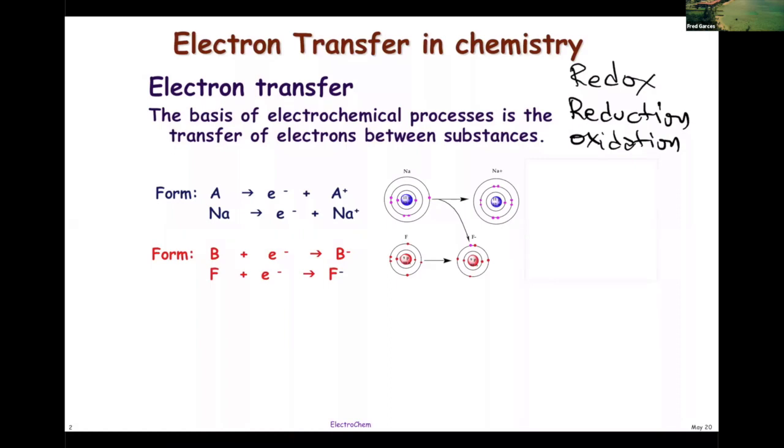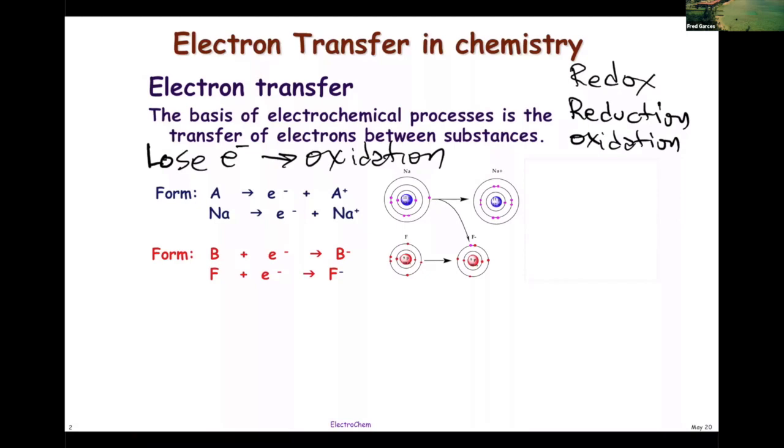The chemical that loses electrons gets oxidized, because now you have more protons than electrons, and so the charge of that species goes up. So that's why it's oxidized.